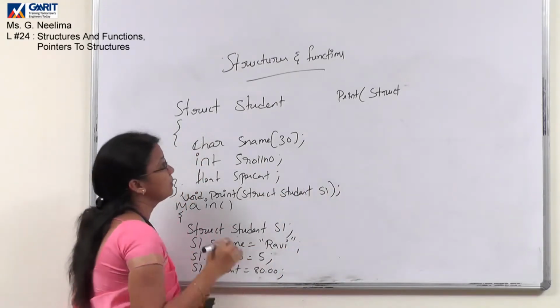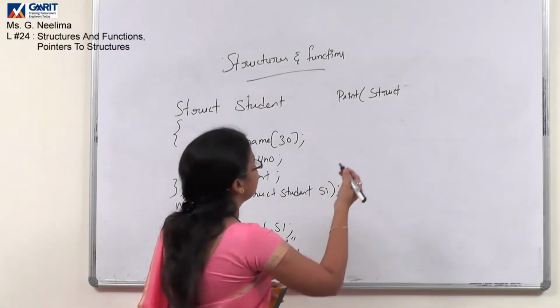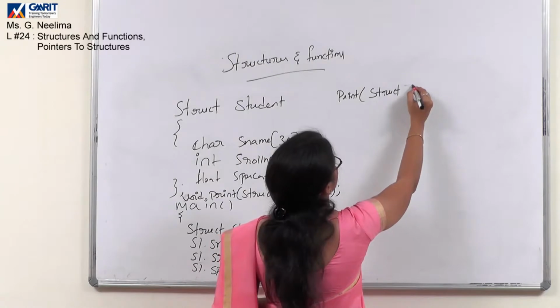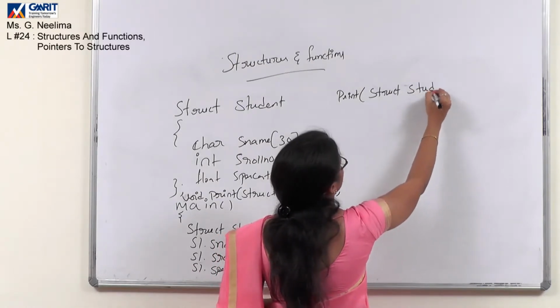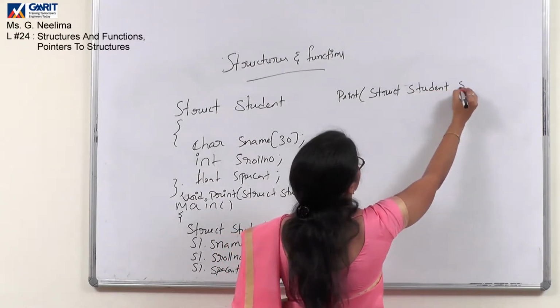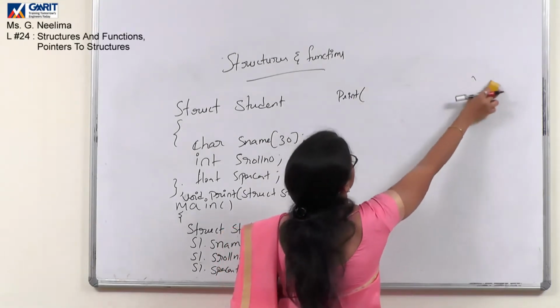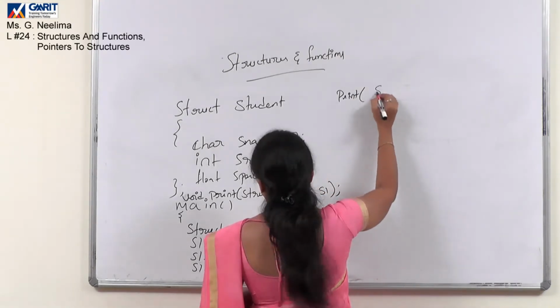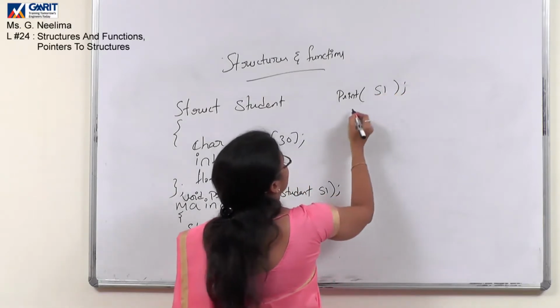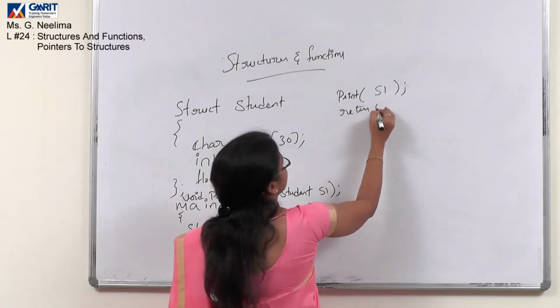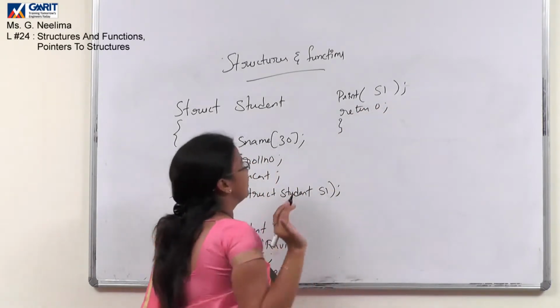This is the prototype. And after that, here I am calling the function. Or else directly you can write s1 here. And here return 0. I am closing the main function.